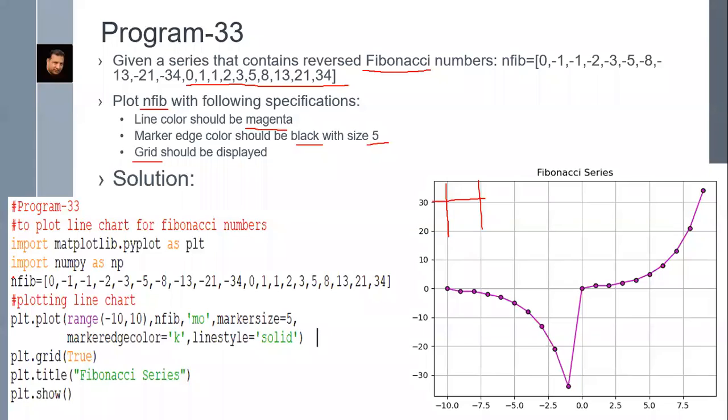Import lines, then create an array NFIB with these numbers. Write plt.plot, range -10 to 10 for the x-axis. Then this is for the y-axis. 'mo', these are for markers. Here m is for magenta, o is for o marks.